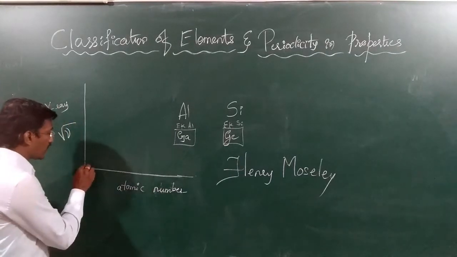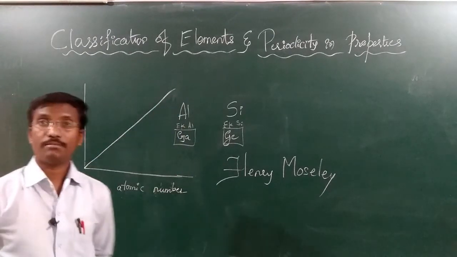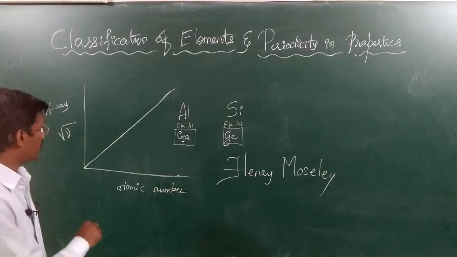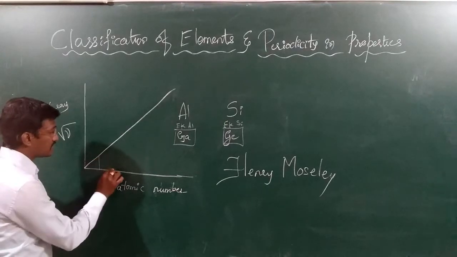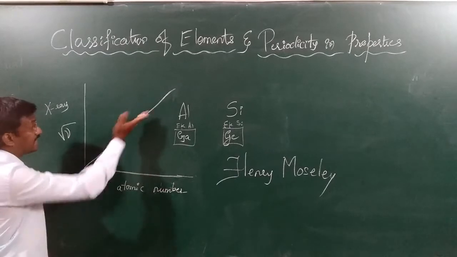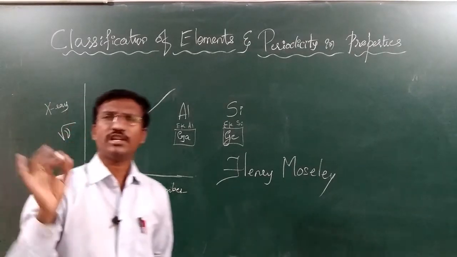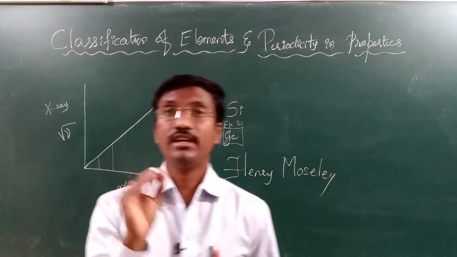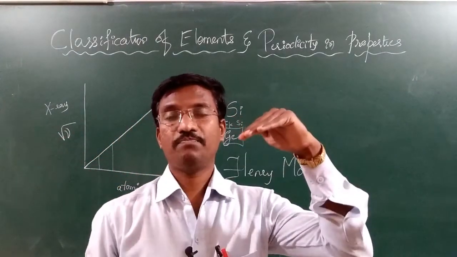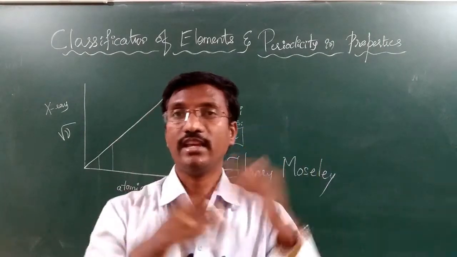When he plotted the graph, a linear, straight line was observed. It means that as the atomic number increases, the frequency also increases. Linear means the variation is almost in a straight line, increasing in a systematic manner without any curve shape.